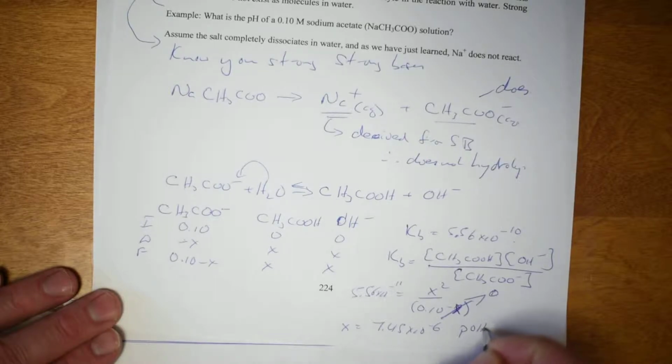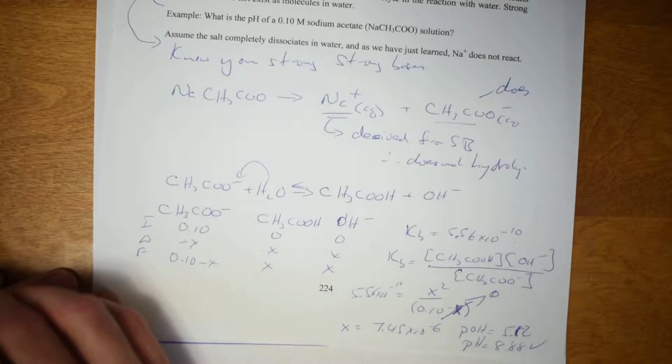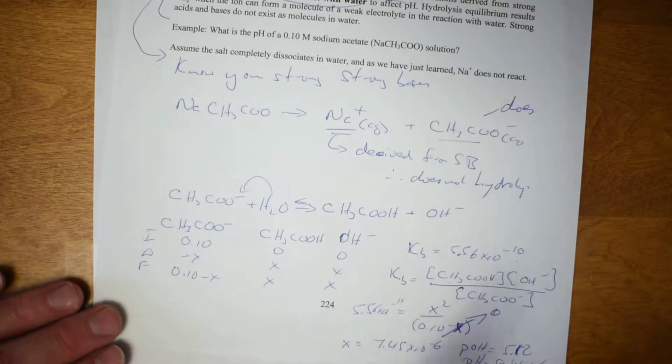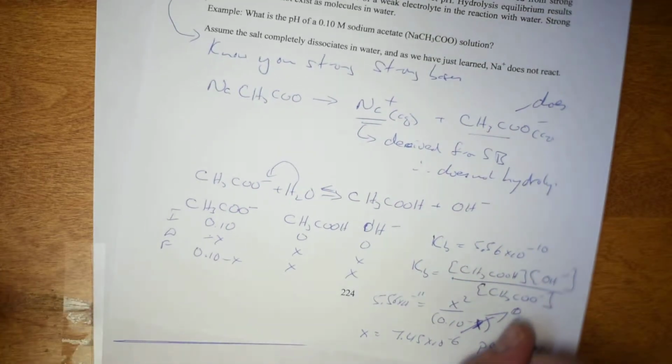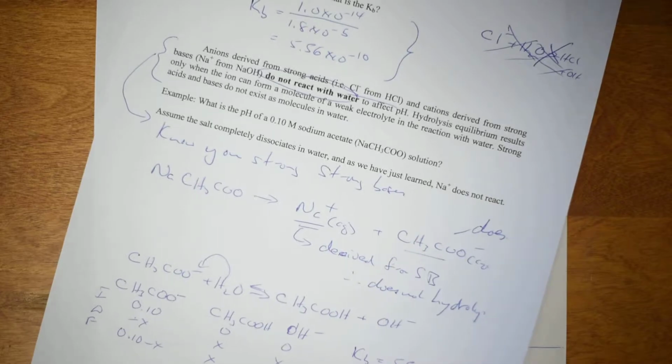The pOH is 5.12, and so my pH is 8.88, as we expect it should be. Basic. Now, again, I don't think you're ever going to have to do that calculation. I'm not really sure, but from my reading, I think that this has really taken a back seat to some of the other things that we're doing.